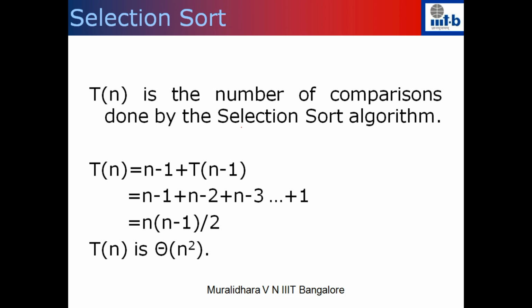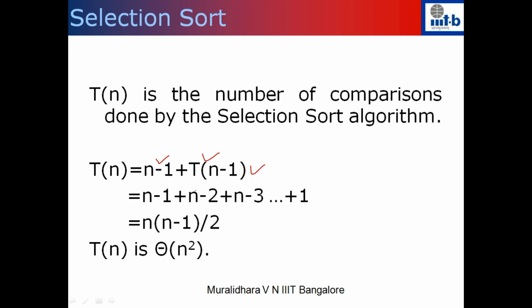If that is defined as t of n, as before, then t of n is equal to n minus 1, because in order to find the maximum among all the n numbers, we need to do n minus 1 comparisons. After that, we work with the remaining n minus 1 numbers. So the recursion that we get is t of n equals n minus 1 plus t of n minus 1.